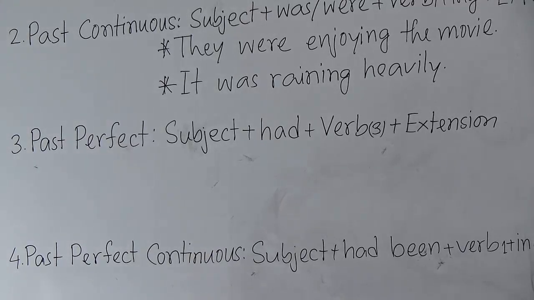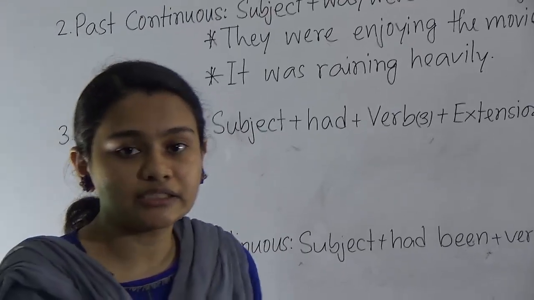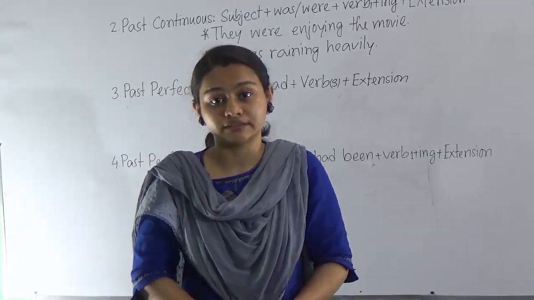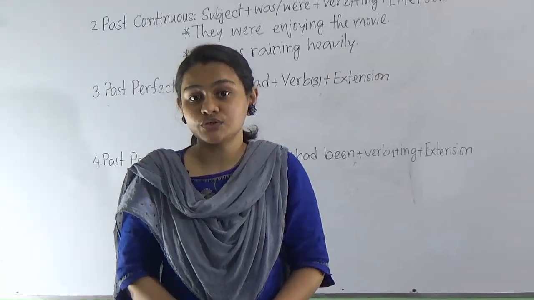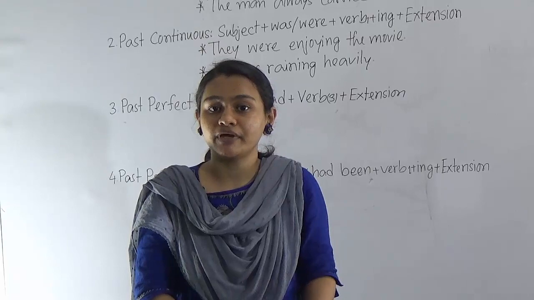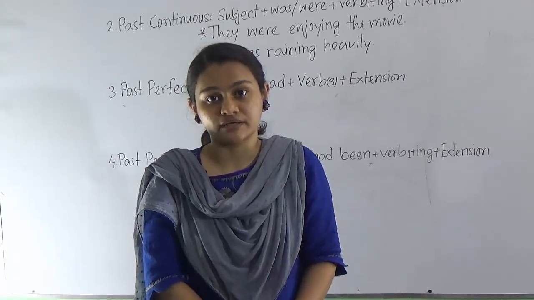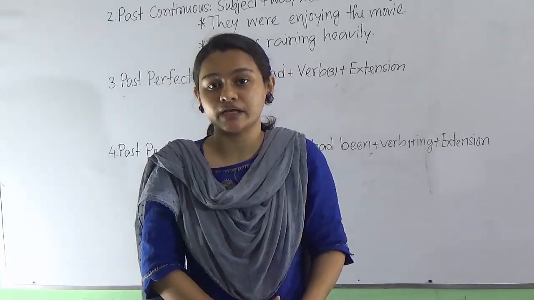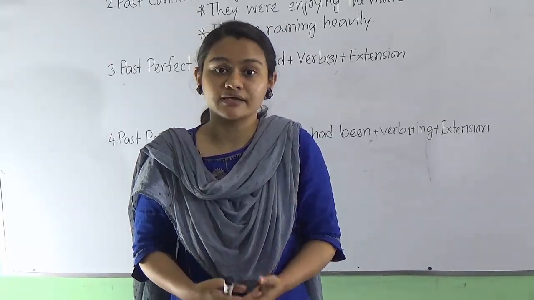And we use past perfect tense to show an action that happened before another action. That means there will be two actions, and one action happened before the other action. And the action which happened earlier is the past perfect tense.